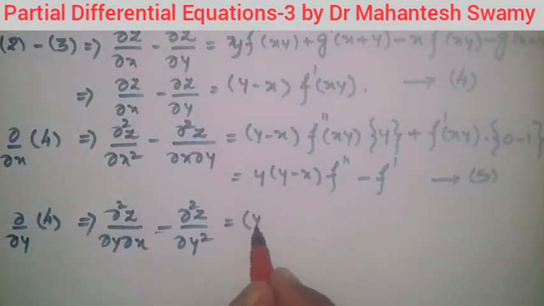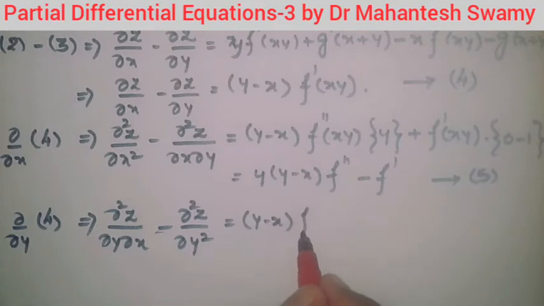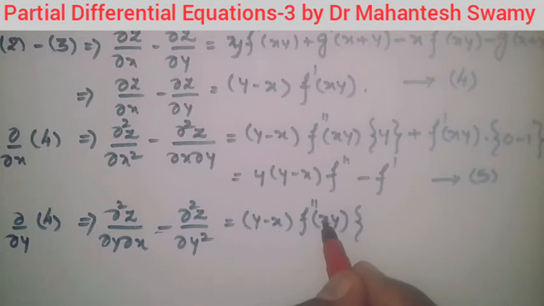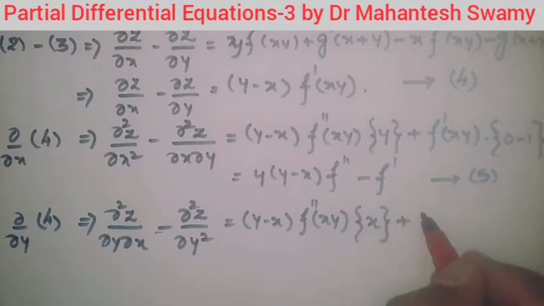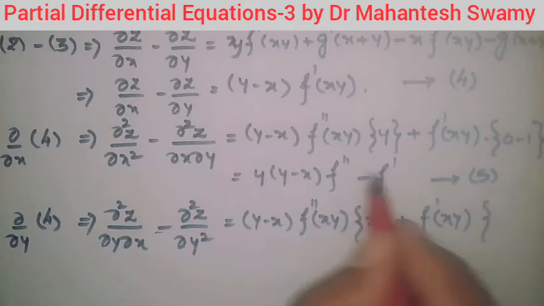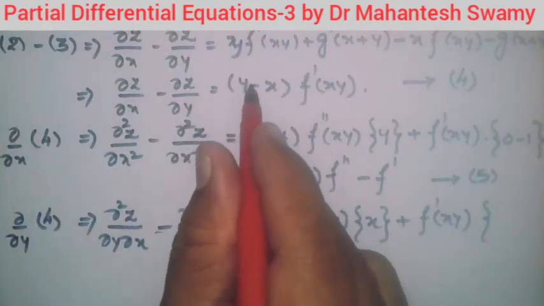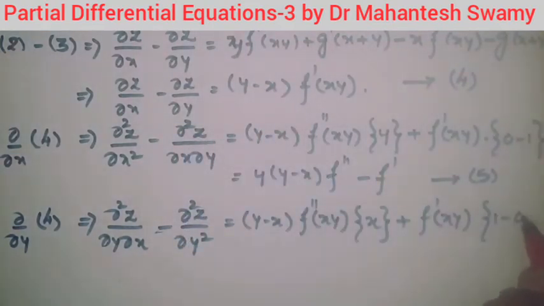First function (y − x) as it is, f′ differentiation is f″ of xy as it is, into xy differentiation is x into 1 because differentiation is with respect to y this time, plus second function f′ of xy as it is, into the bracket differentiation of this is 1 − 0 because the differentiation is with respect to y.